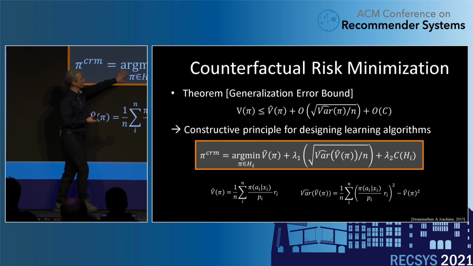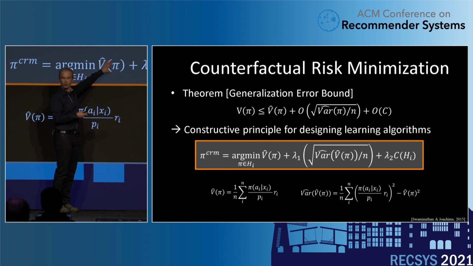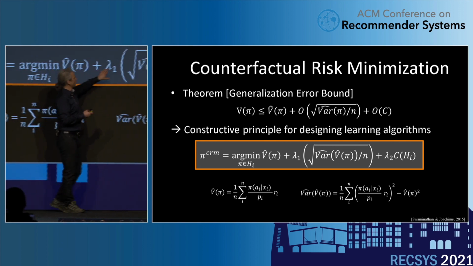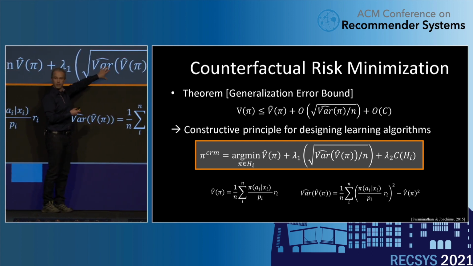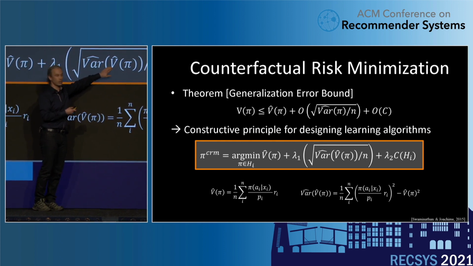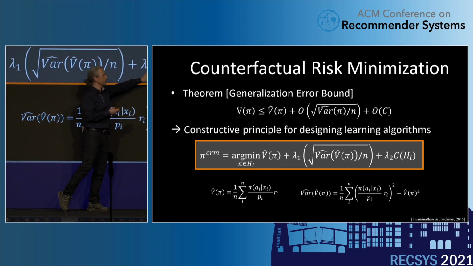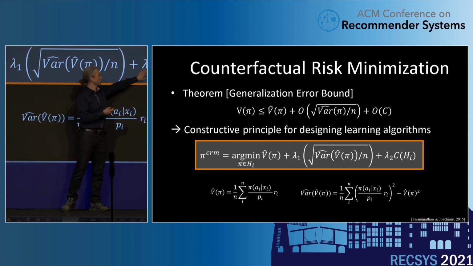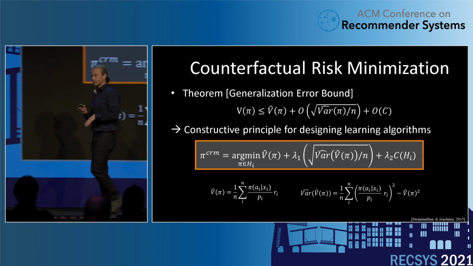It should optimize the training error, here the IPS estimator, for example, with some regularization constant that you need to tune, the variance of the IPS estimator for any particular policy that you're currently evaluating, plus a capacity control to get consistent learning. That's the regular kind of L2 regularizer.